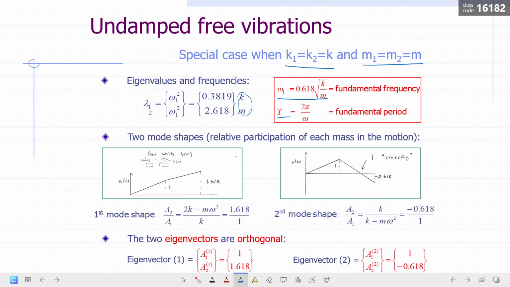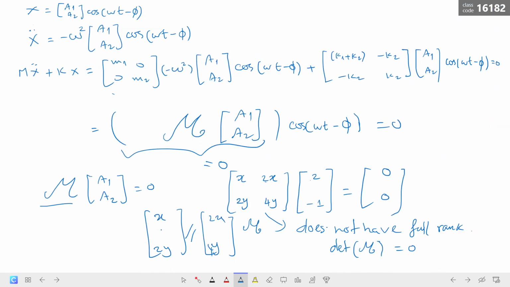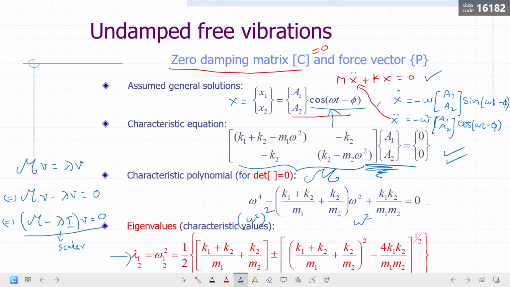So how do we find this mode shape? For the first mode shape, we find the ratio between a1 and a2. The amplitude a1 is the amplitude of the vibration for each one. If you get back to the general solution, a1 is the amplitude of h1 and a2 is the amplitude of h2.